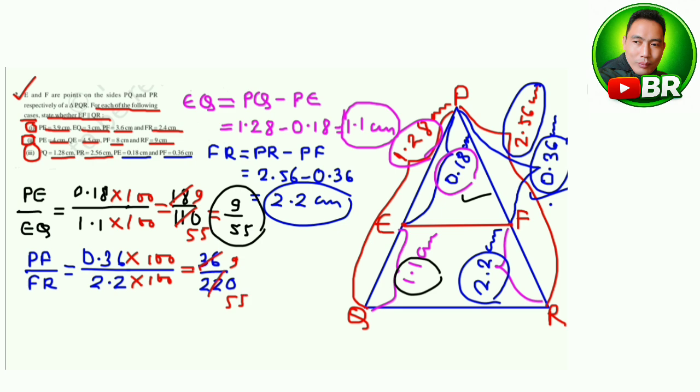So in this way, here too we obtain the ratio of side PR is 9 by 55, and here we can observe the ratio of sides PQ and PR is equal. So here we can conclude EF is parallel to side QR.